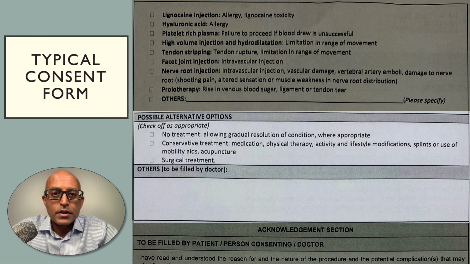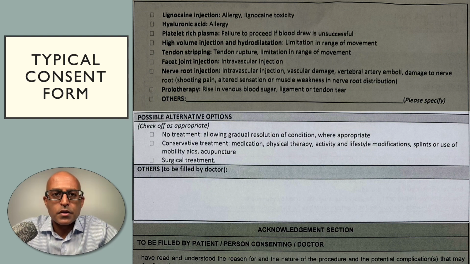Finally, we can talk about the alternative options. This might include no treatment, conservative management such as physiotherapy, acupuncture, and alternative therapies, or more interventional treatments such as surgery. It's important to include this here, particularly because some patients may not be keen on the procedure or intervention after listening to the benefits, risks, and side effects of the procedure.